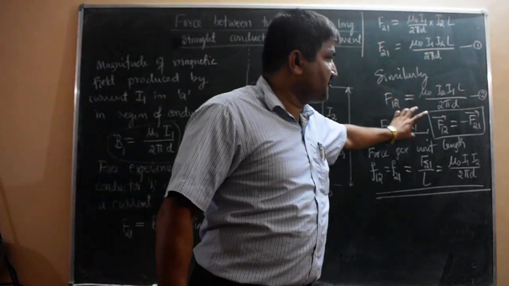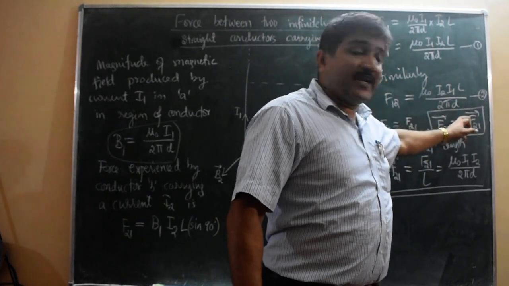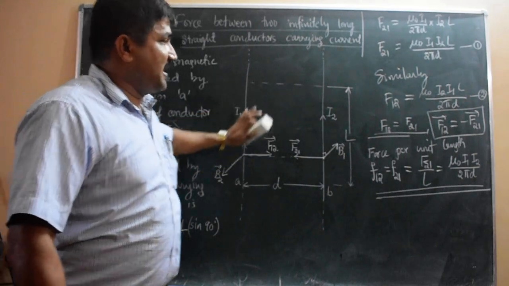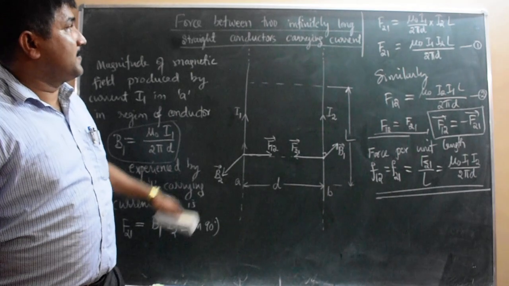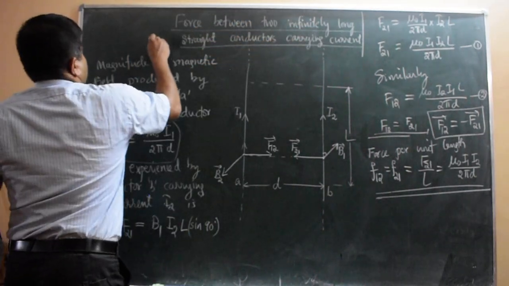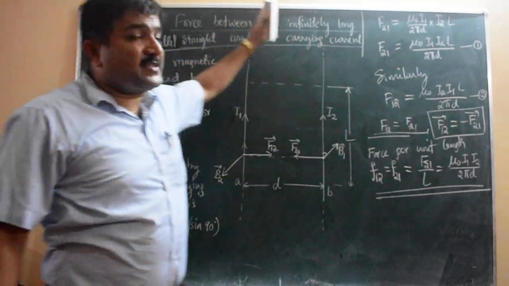The magnitude expression says only magnitudes are equal, whereas the vector expression says directions are opposite. So this is the derivation of the force between two infinitely long parallel straight conductors carrying current.